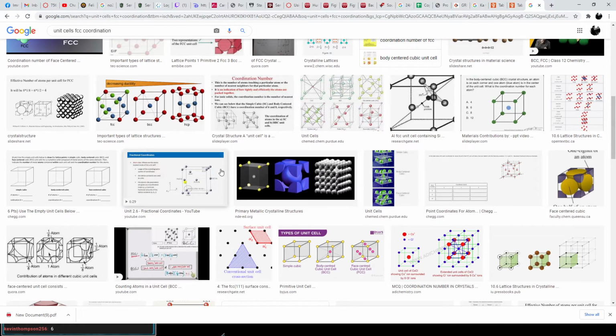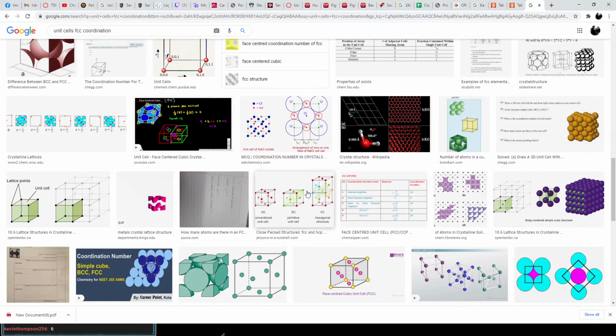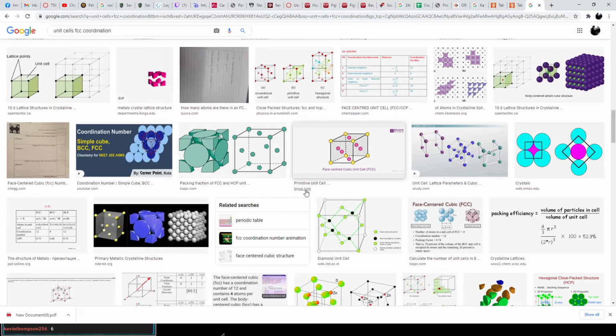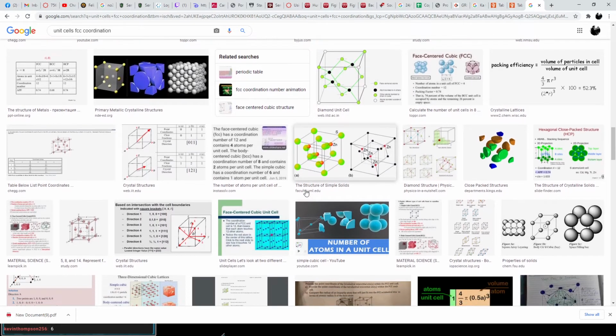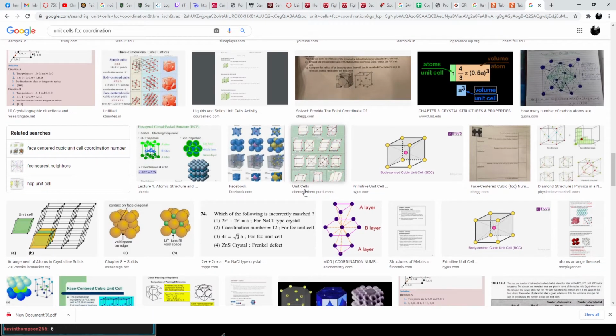No, that's body-centered cubic. These are apparently impossible to look up nicely. Wow, how annoying. I want to show you obviously what it would look like.